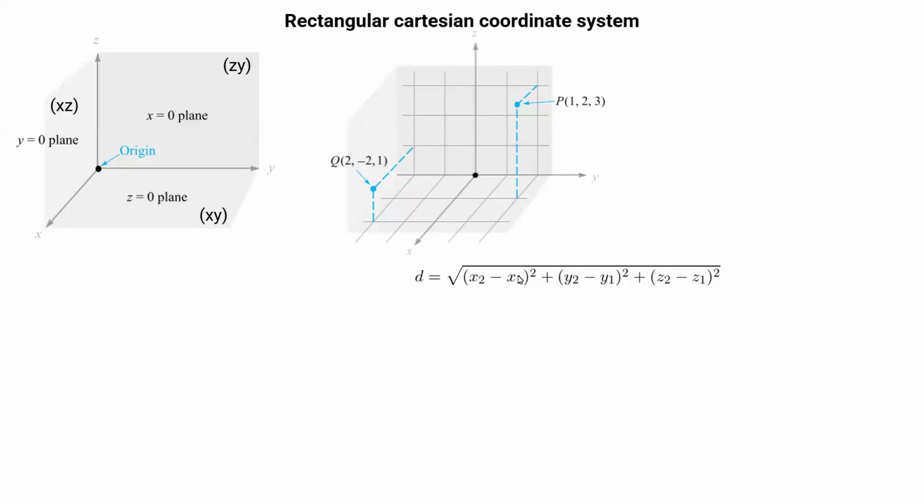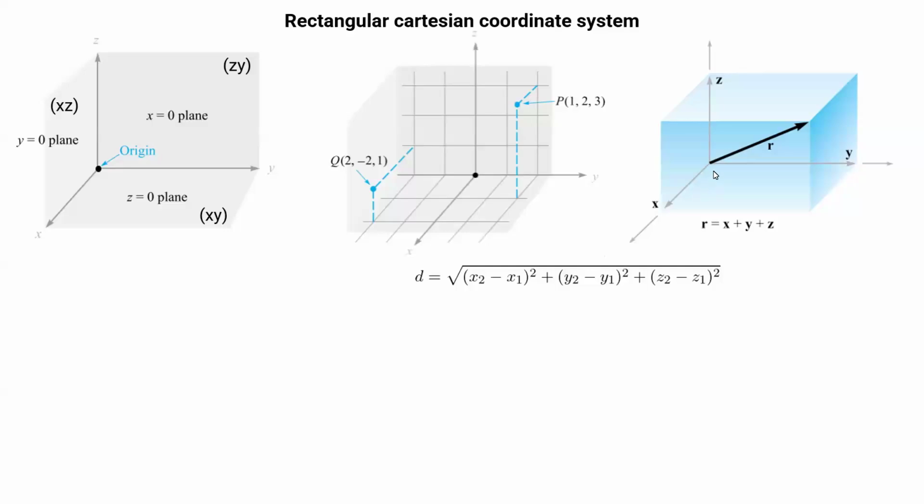And you notice that this distance is written as a difference between x, y, and z coordinates. This is exactly what enables this covariance, because as you change the coordinate system, x2 changes, x1 changes, but they change in the same way. So the difference doesn't change, leaving this distance d covariant.